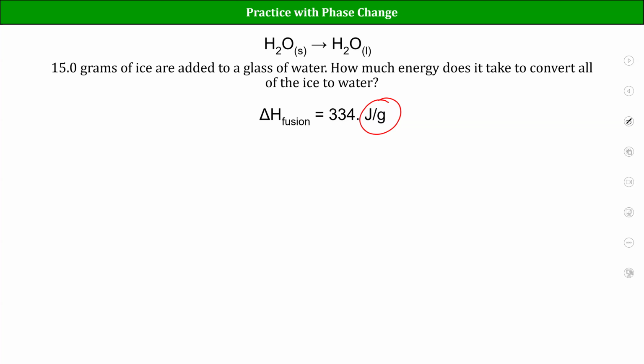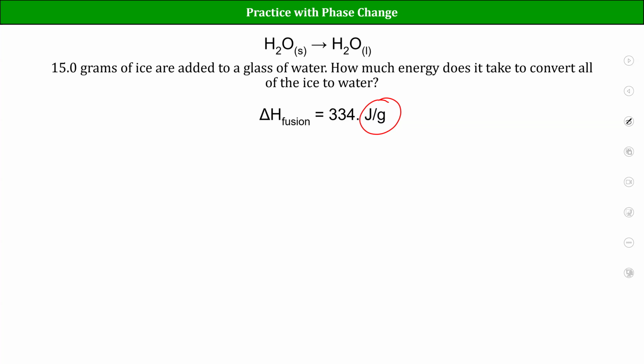Alright, so key idea here with these energies. These energies are not in straight joules. They're in joules per gram, or sometimes joules per mole. If they're in joules per gram or joules per mole, they're conversions, right? Just like we saw with density.